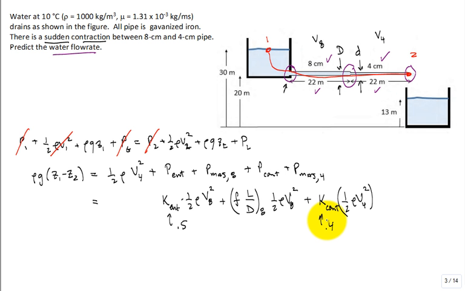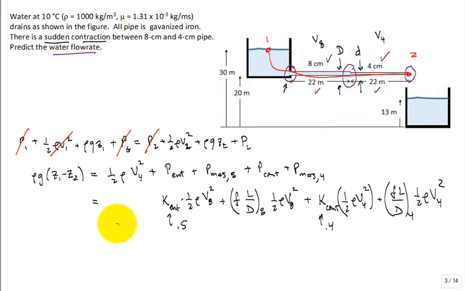And there, again, somebody else may read it and say, no, I think it's 0.39. Oh, I think it's 0.42 or 0.41. Just get a number, you got to go, right? As long as it's reasonable. And then we have plus F L over D for the 4 centimeter pipe times 1/2 rho V4 squared.